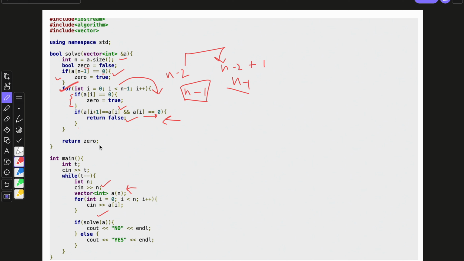When it breaks out of the loop, there are no consecutive zeros, so it checks if there is at least one zero or not and returns that. So that's it. I hope you like the solution, and if there are any improvements you can tell me. Thank you.